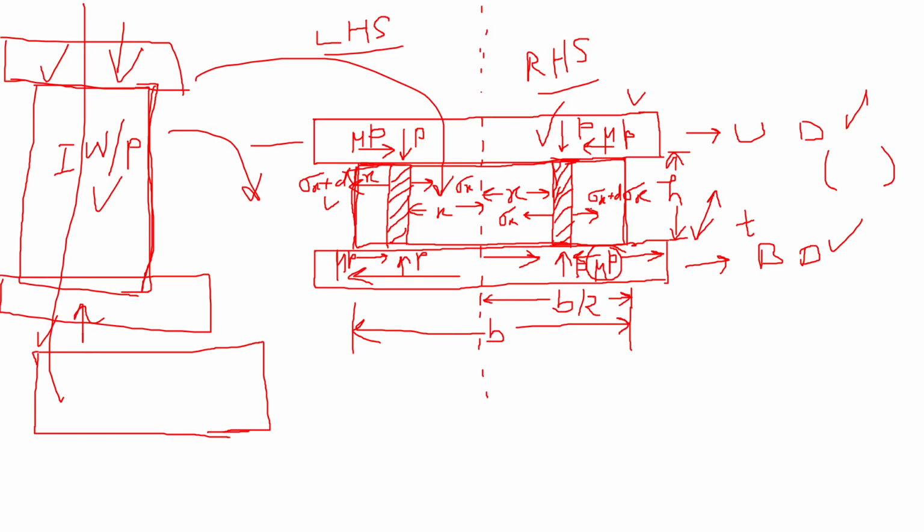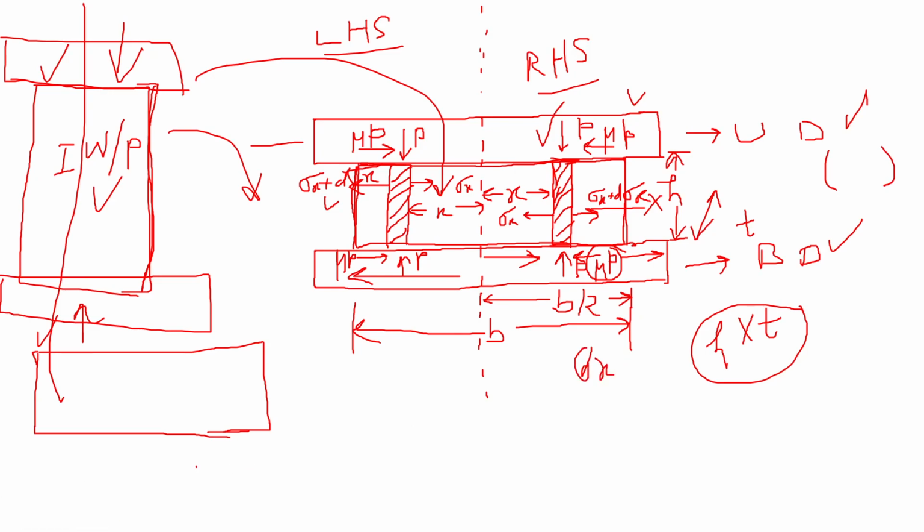This will be sigma x plus d sigma into the cross sectional area. Suppose the cross sectional area has height h and width t, so the area will be h into t. This will be multiplied by sigma x plus d sigma x.